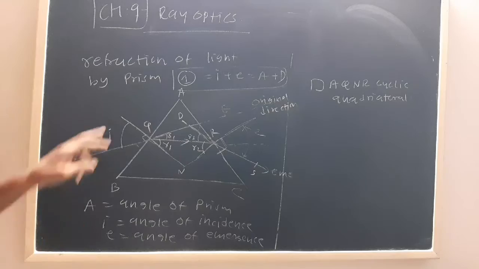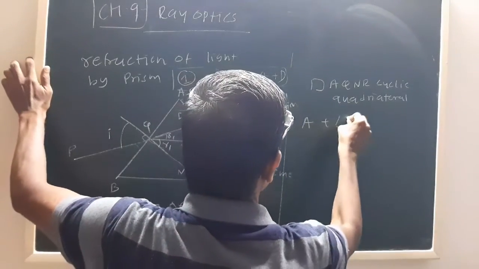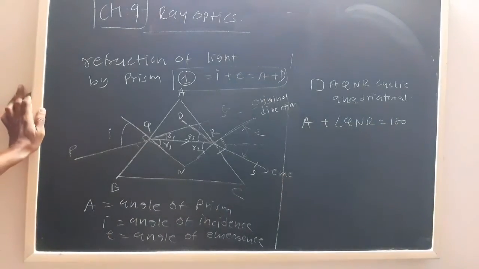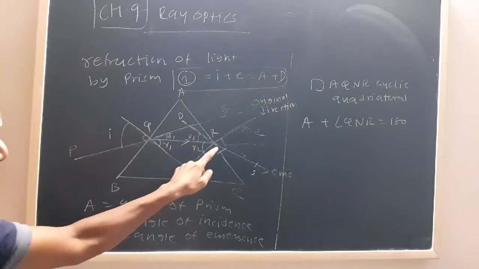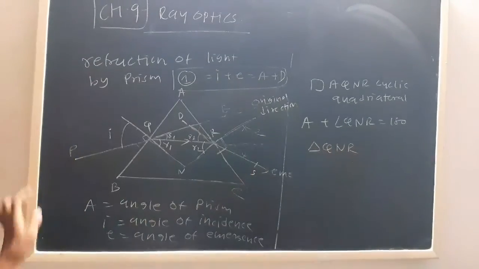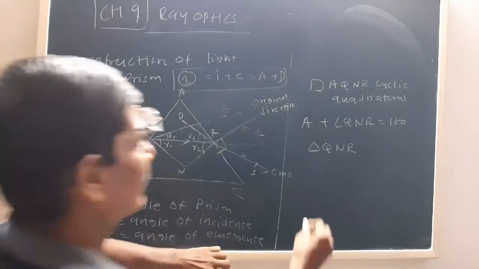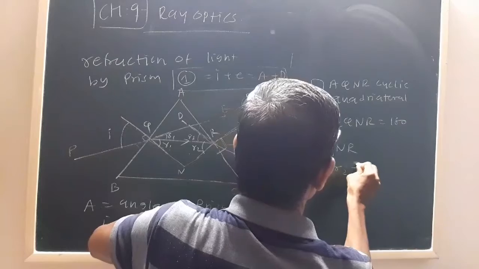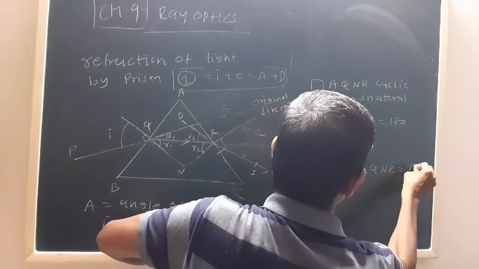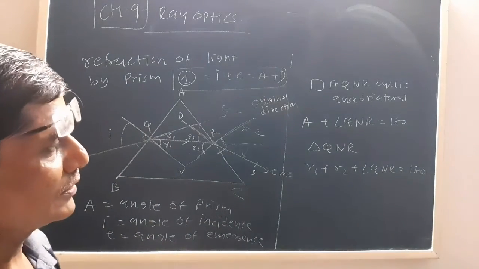Opposite angles are supplementary. So we can say angle A plus angle QNR is 180. Now see triangle QNR, by the angle sum property, R1 plus R2 plus angle QNR. Why? Because by the angle sum property, the sum of the three angles of a triangle is 180.